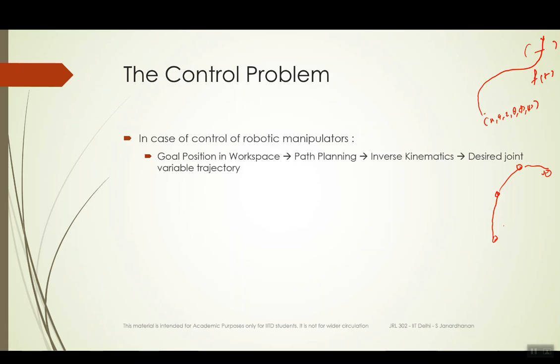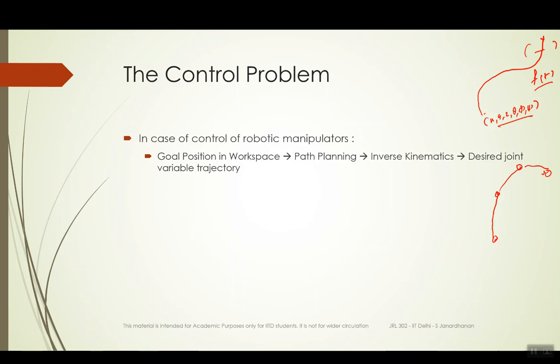Finding this path or trajectory is path planning. However, these paths are expressed in workspace coordinates, that is xyz, not in joint coordinates. So inverse kinematics will translate these workspace coordinates back into joint coordinates and give us the desired joint variable trajectories.